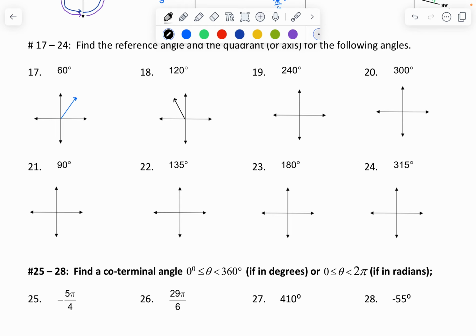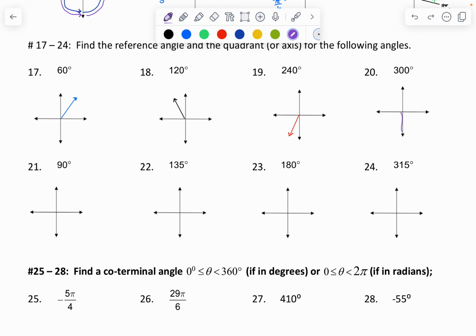Here's 120. 240. If this is 180, this is 225. It's going to be down here close to 270. 300.